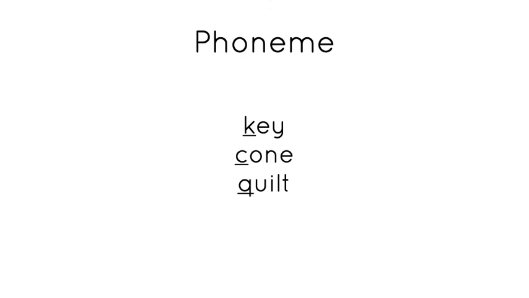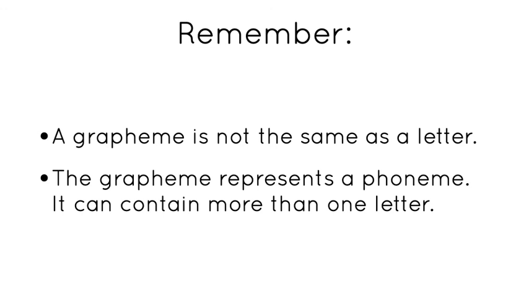We'll dig into more of these sound fluctuations in terms of graphemes and phonemes later in this series. But to wrap up this particular segment, I want you to remember two things. A grapheme is not the same as a letter. The grapheme represents a phoneme, and it can contain more than one letter.